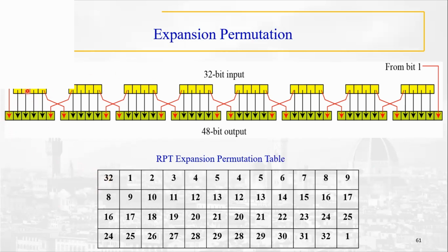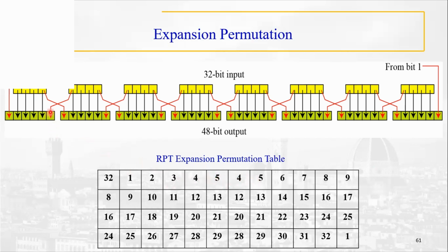Then 1, 2, 3 are getting copied as it is. But the fourth location is getting copied at two locations, so this one fourth and this one fourth. The fifth is also getting copied at two locations, fifth at this one and this one.